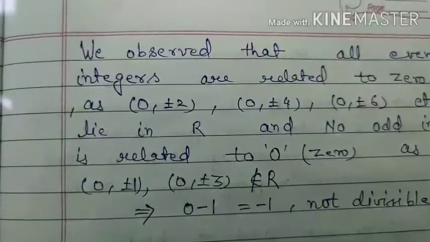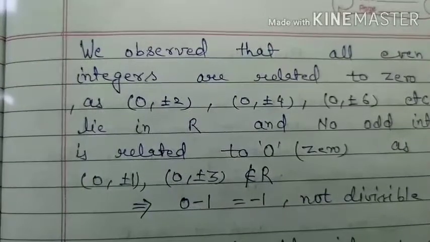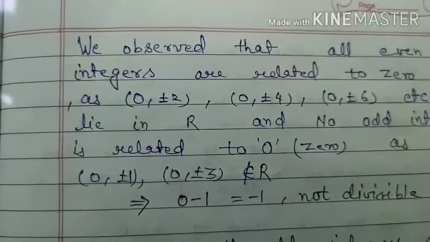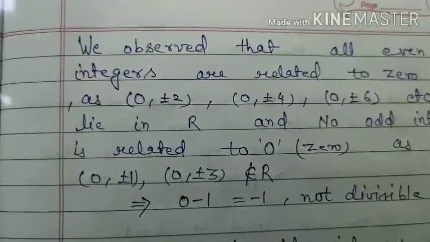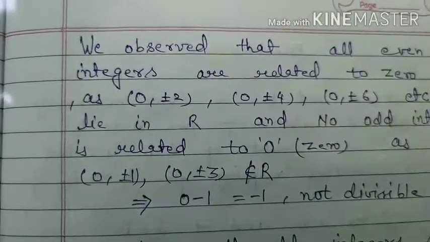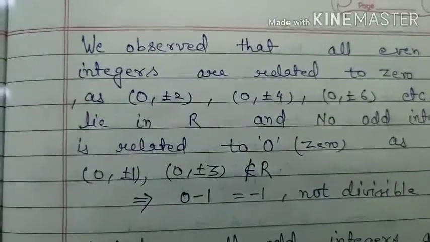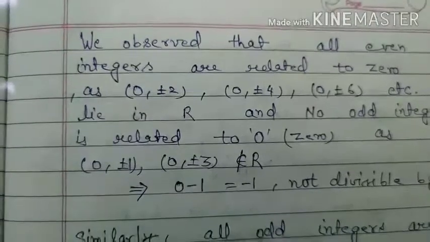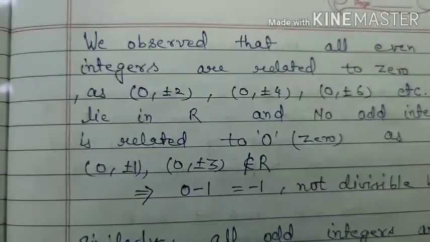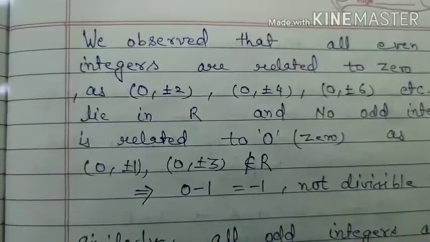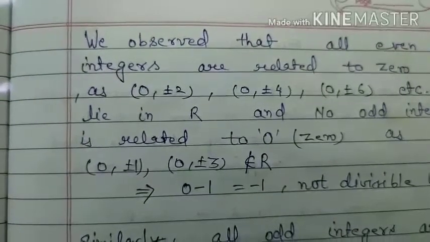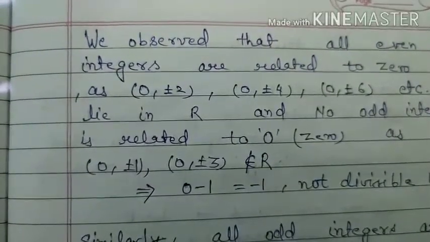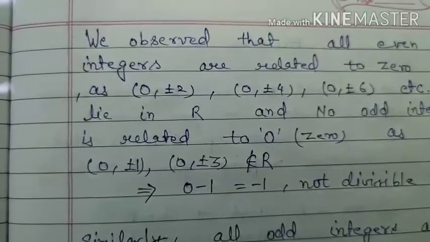Here we observed that all even integers are related to 0, as (0, ±2), (0, ±4), (0, ±6), etc. lie in R, as 0 minus 2 or 0 plus 2 will definitely be divisible by 2.